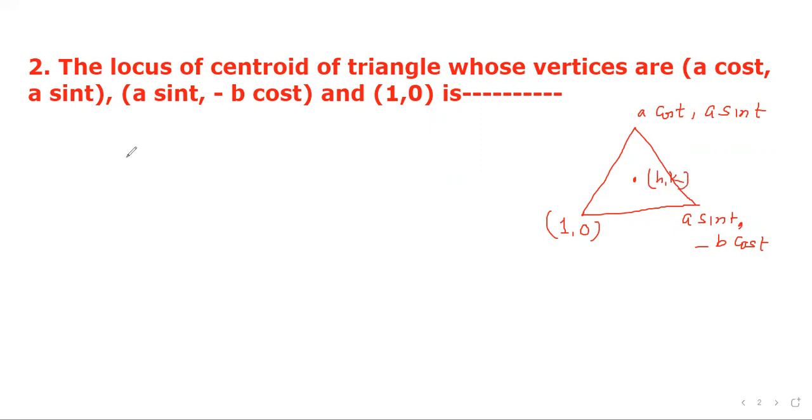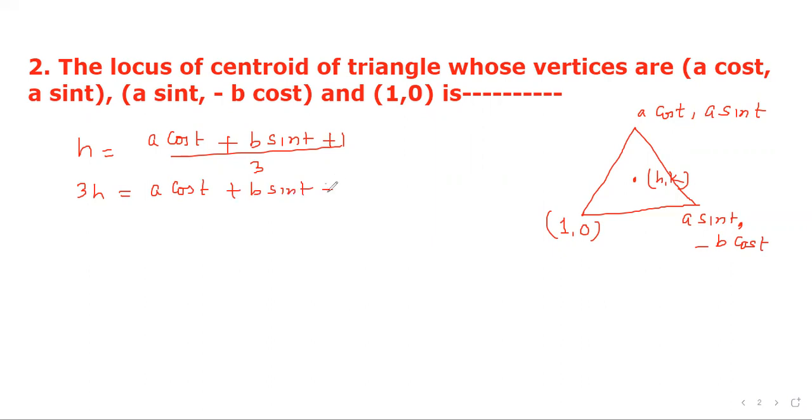So h will be equal to a cos t plus b sin t plus 1 divided by 3, which will give 3h equal to a cos t plus b sin t plus 1, or 3h minus 1 equals a cos t plus b sin t.